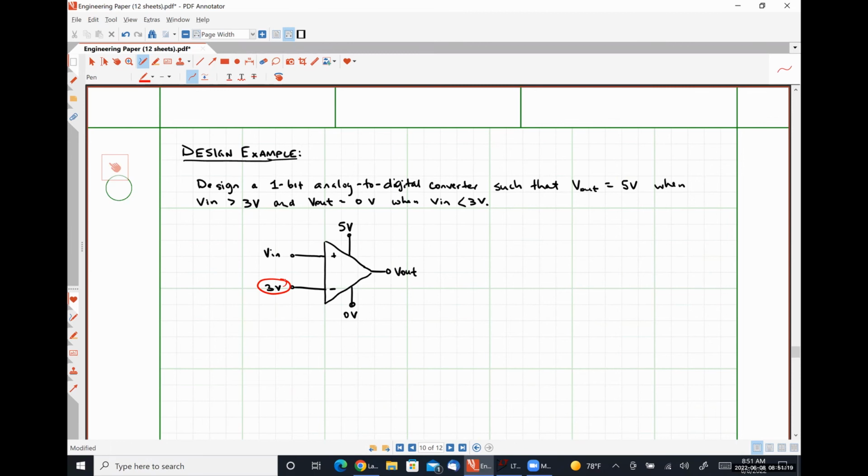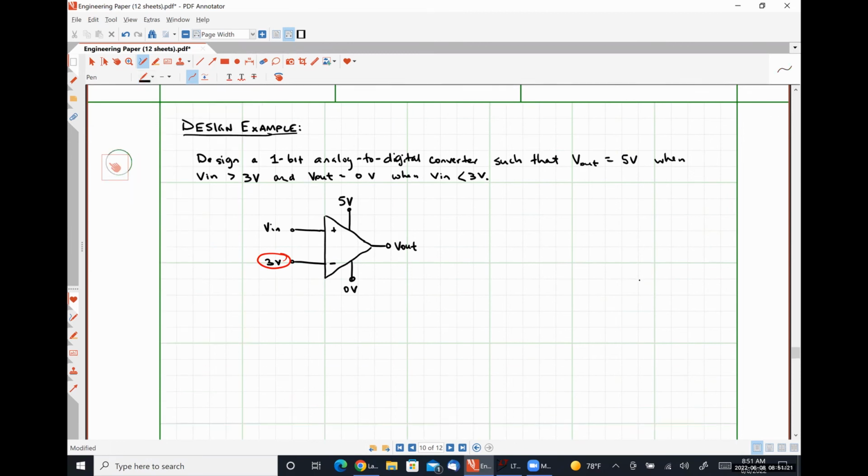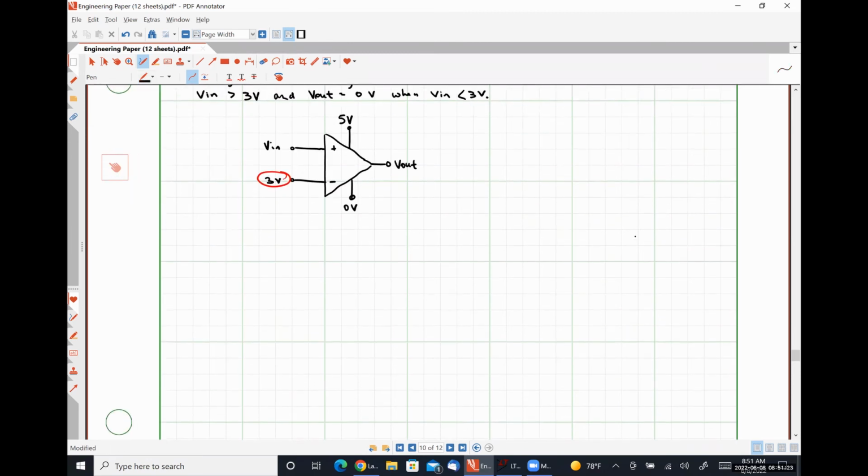But what if we didn't? So instead, we could do something like this. What I'm giving myself up top here is effectively a 5-volt supply rail. And then I'm drawing down here my comparator circuit.